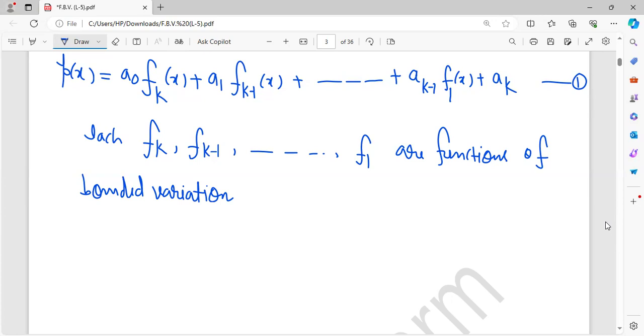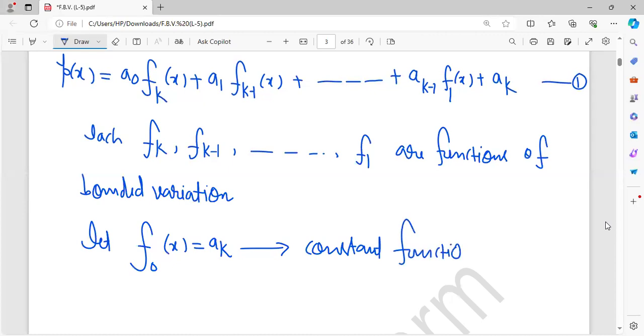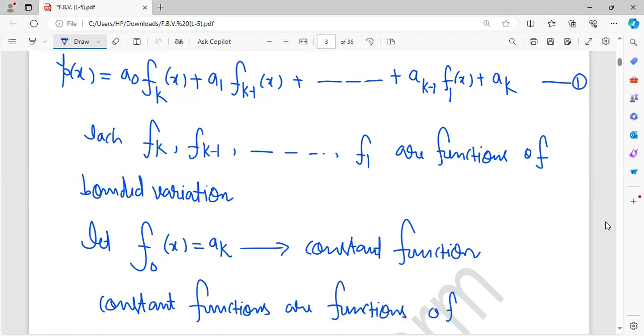These are functions of bounded variation. Now let f_0(x) equal a_k, then this is a constant function. Constant functions are functions of bounded variation.